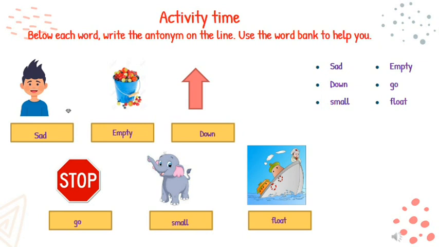Third one. What is the opposite word of up? Yes, down. What is the opposite word of stop? Yes, go. What is the opposite word of big? Any guess? Well done, small. And last one, what is the opposite word of sink? Yes, float. Well done, students.